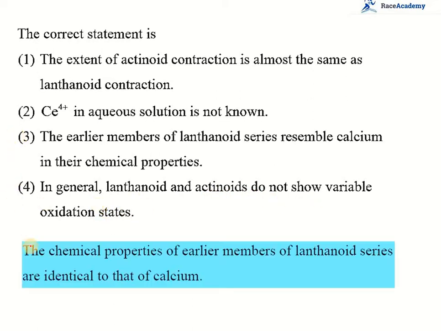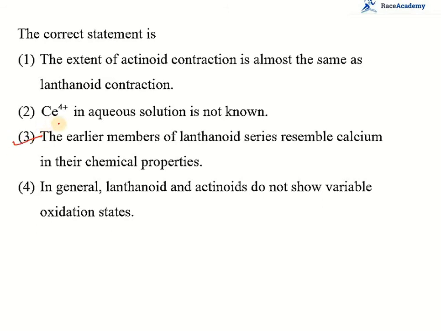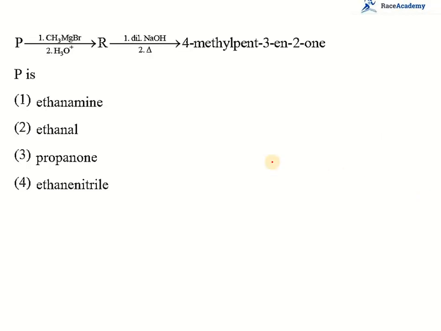In this, the statement that the chemical properties of earlier members of the lanthanide series are identical to that of calcium is correct, but for the remaining, cerium plus 4 is known, actinide contraction and lanthanide contraction are almost similar, and lanthanides and actinides do show variable oxidation states, though the option says they do not. That's why the third option is the right option for this question.